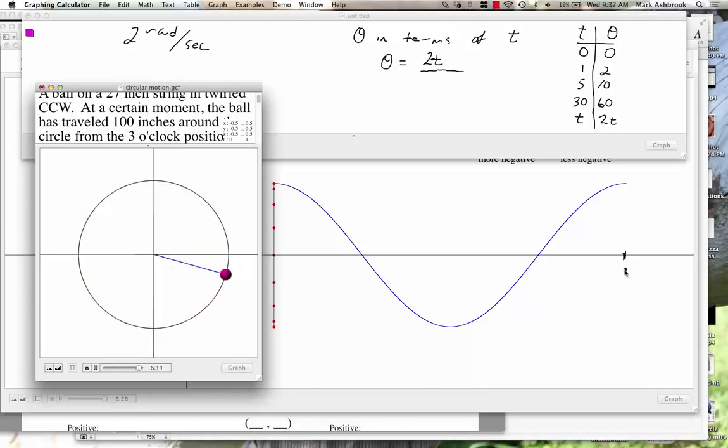I'll tell you right now that this on the x-axis is 2 pi, and this is 0. So what quantity am I showing on the horizontal axis of our graph? It's the measure of the angle, right? Measured in? Okay, so this is theta in radians.